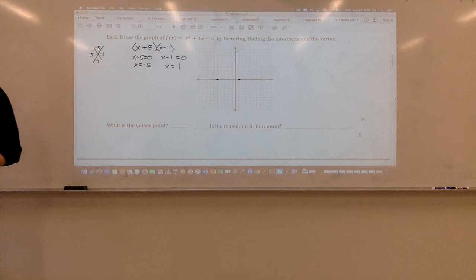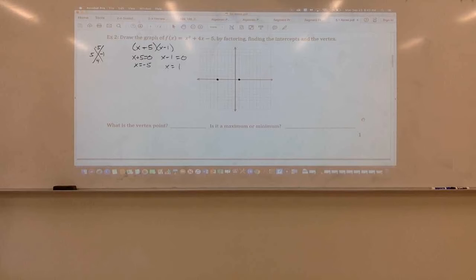Now from that, we can find the vertex. Does anybody remember, if I know the zeros, how to find just the x-coordinate of the vertex?